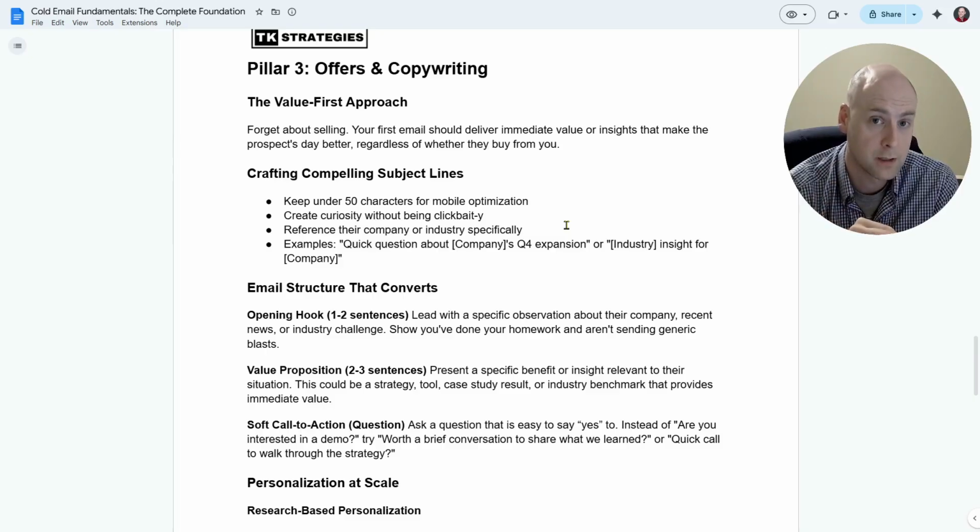So the infrastructure set up and generating lead lists, for the most part, that's solved. When it comes to the offers and copywriting, there's a lot of opportunity for experimentation.